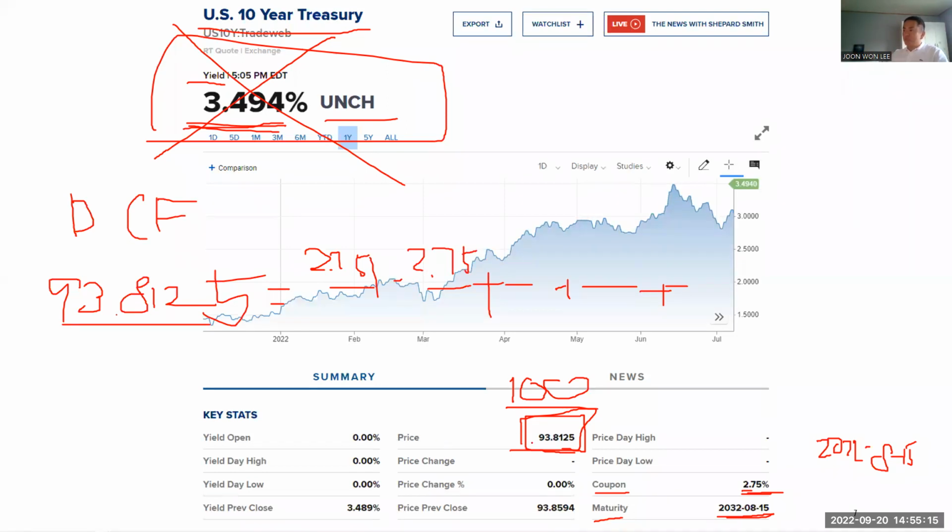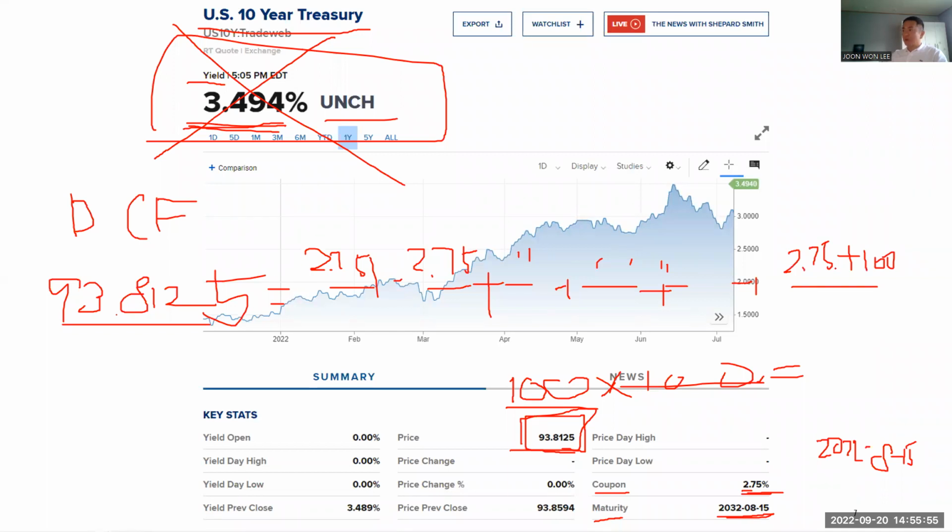Let's say you just purchase only one 10-year bond, then every year you'll receive $2.75, and in the last year, 2032 August 15, you'll receive 2.75 plus 100, right?